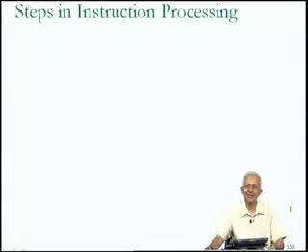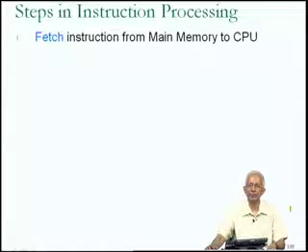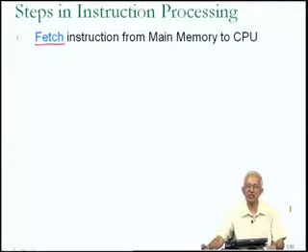Therefore, as far as the steps in instruction processing are concerned, the first step must be to get a copy of the instruction from main memory into the processor. A word which is typically used to describe that operation is fetch. So one talks about fetching an instruction from main memory into the CPU. So that's the first step.